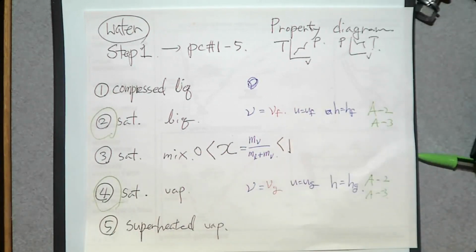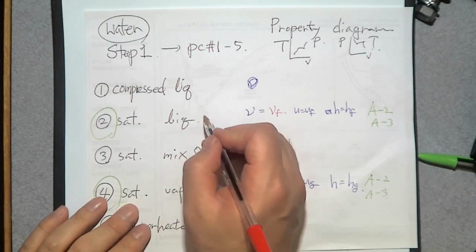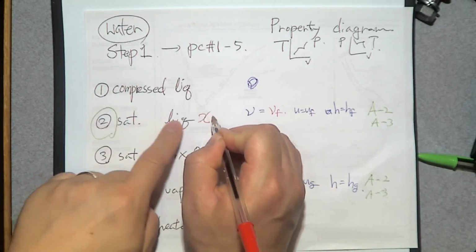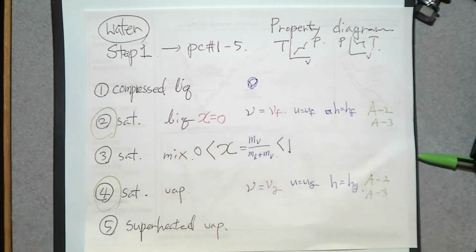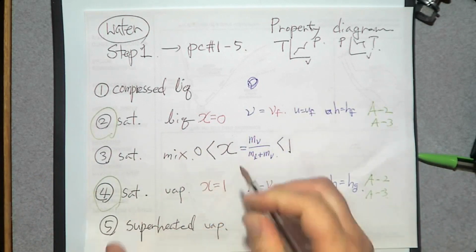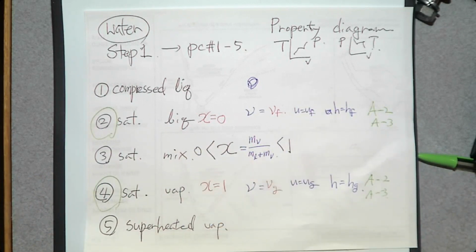So if you only have a saturated liquid, the quality x is 0. On the other hand, if you have only vapor, no liquid, only saturated vapor, quality x is going to be 1. If the quality x is between 0 and 1, then you have a mixture.